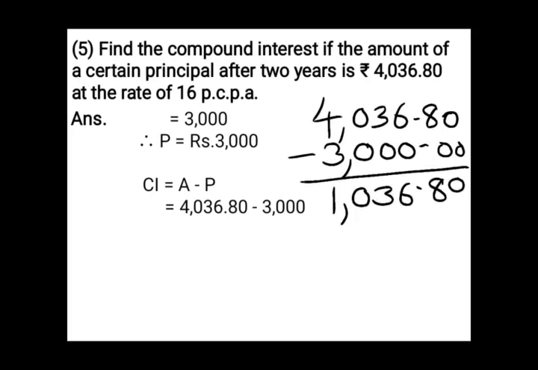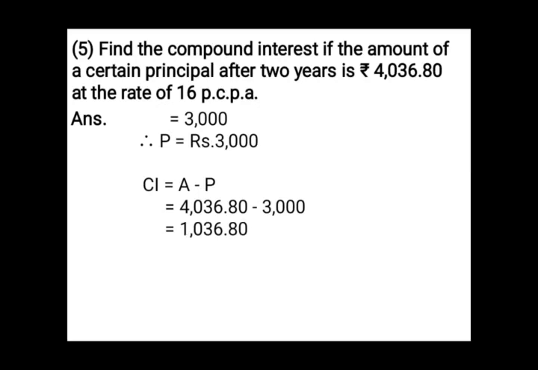After subtracting 4036.80 minus 3000.00, the answer is 1036.80. Therefore compound interest is equal to rupees 1036.80.